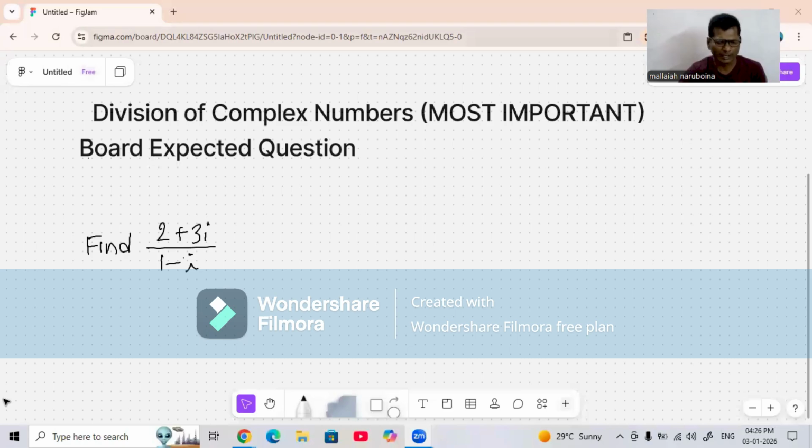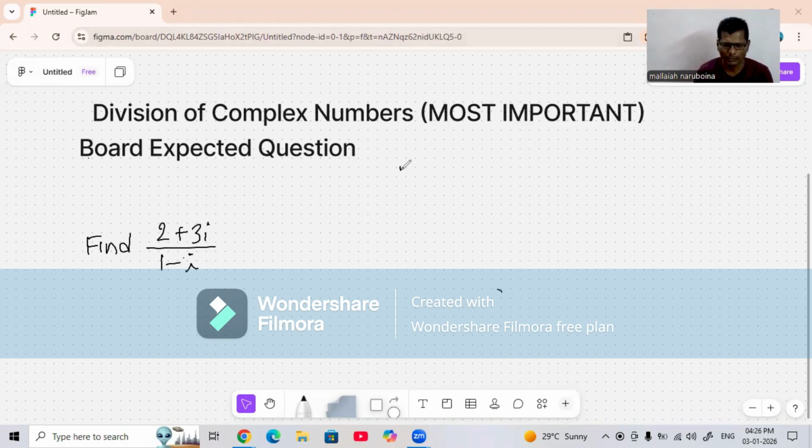Division of a complex number. This is most important for board exams. Find (2 plus 3i) by (1 minus i). See, in the numerator we have one complex number, in the denominator we have another complex number. So now we have to perform division.